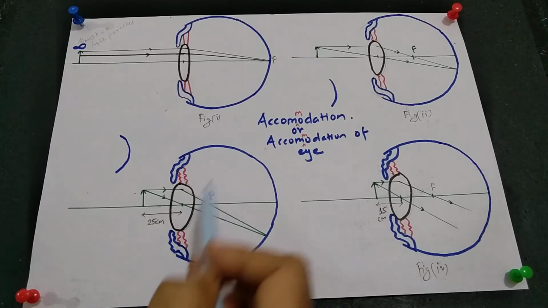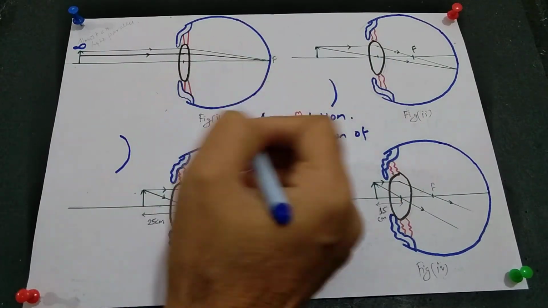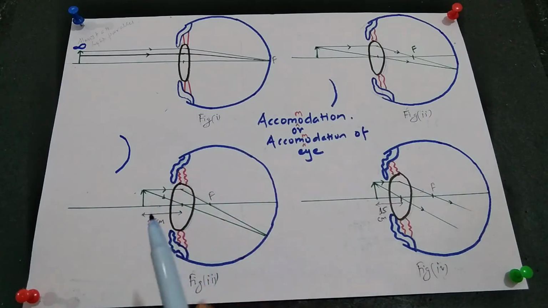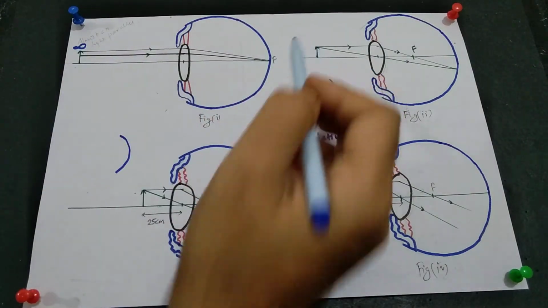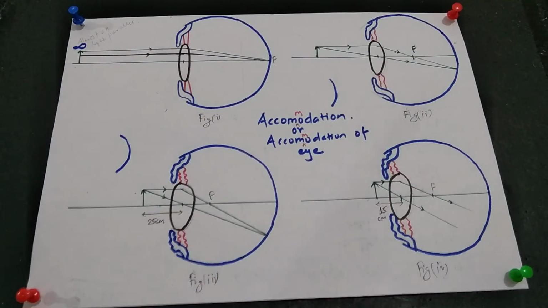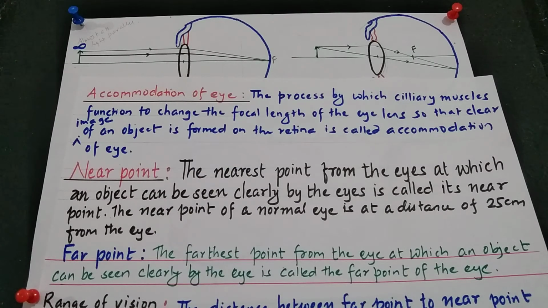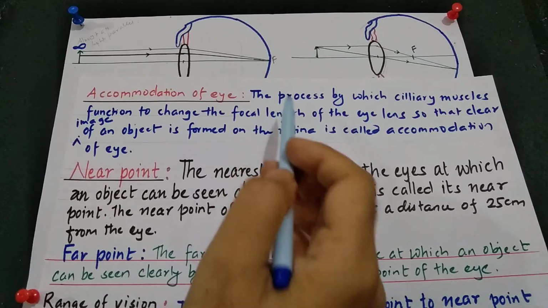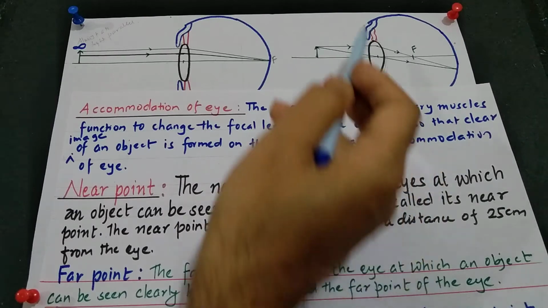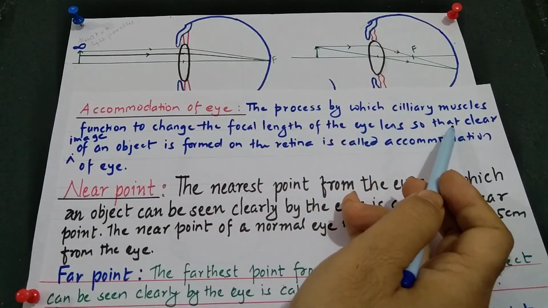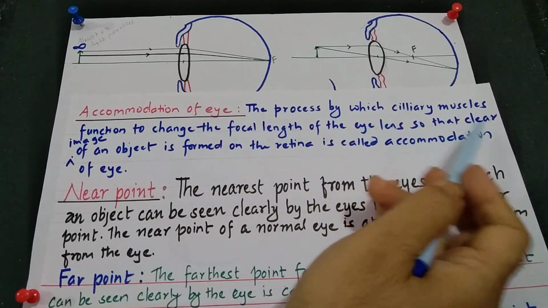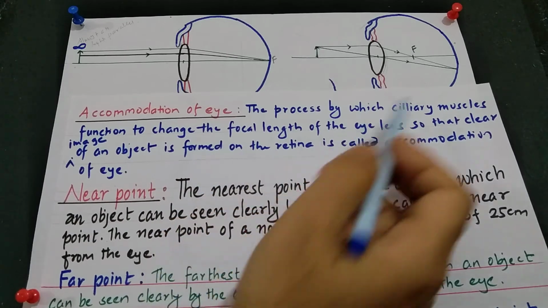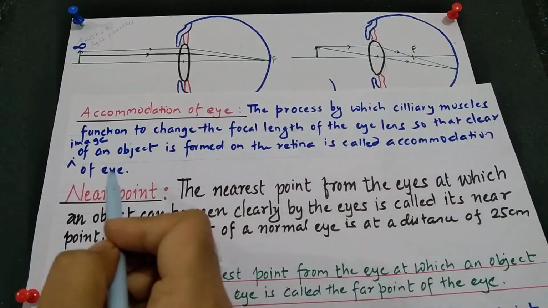Due to this adjustment of focal length by the eye, the clear image of an object is formed on the retina. At this point, we have to understand what is accommodation of the eye. The process by which the ciliary muscles function to change the focal length of the eye lens so that a clear image of an object is formed on the retina is called accommodation of the eye.